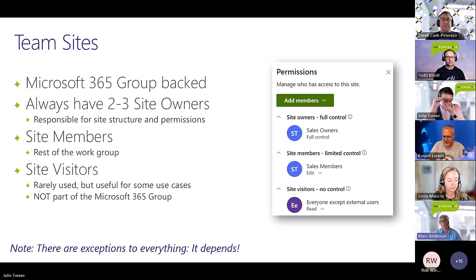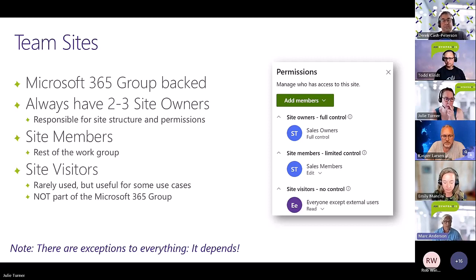You can see in the image on the right, this is from our sales site. And rather than seeing the people listed there, we have a group called sales. It's got 2 roles, owners and members. In this case, with a team site, you have that group, and you're managing the membership of that group.